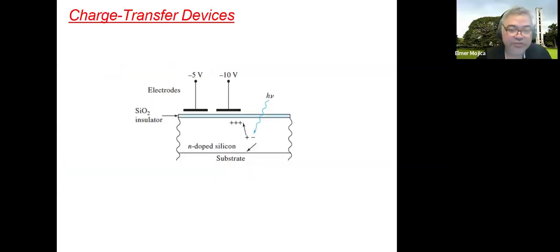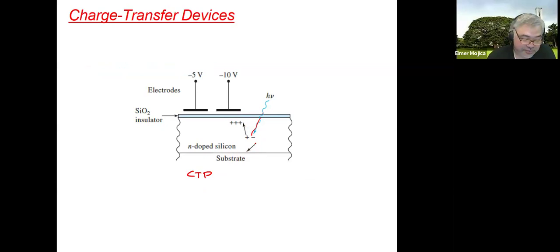So if you're going to look at here, this is a cross section of your charge transfer device in the charge integration mode. So the positive hole that you see here produced by the photon hν, it's a positive hole, is collected under the negative electrode.